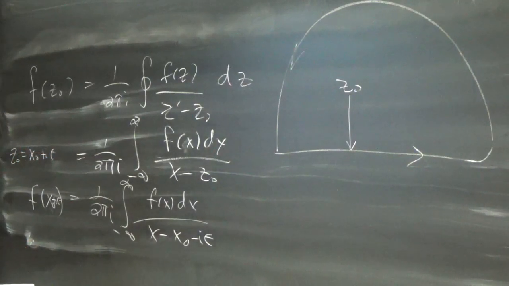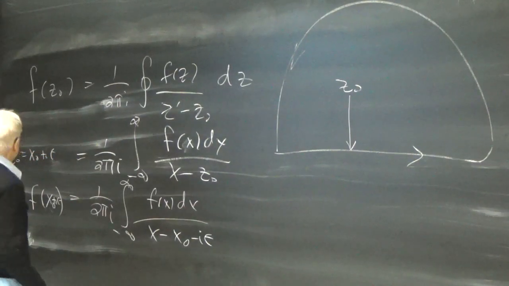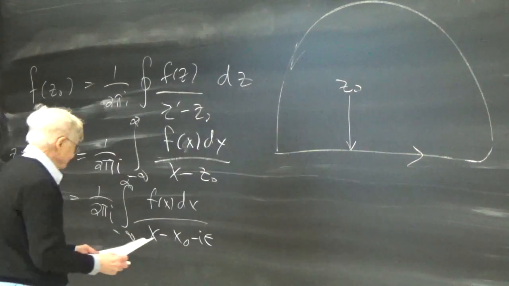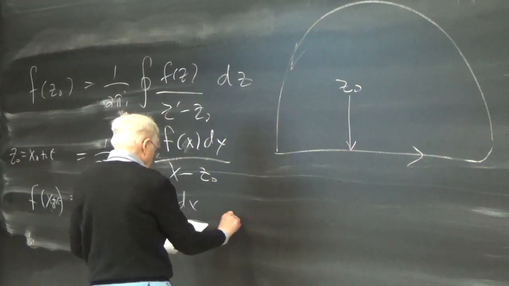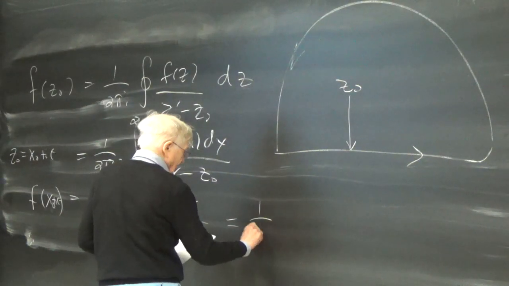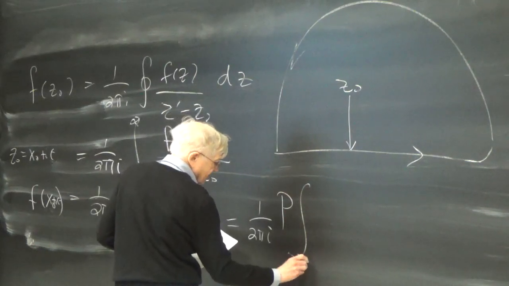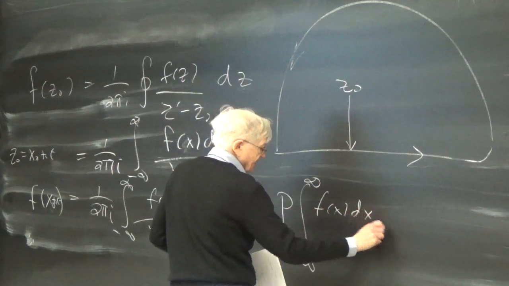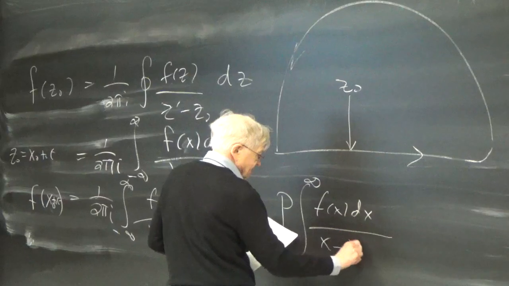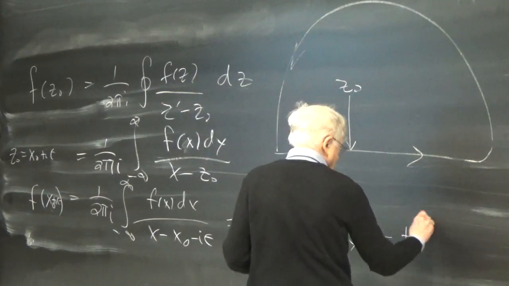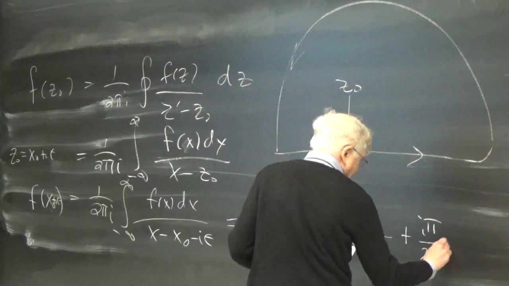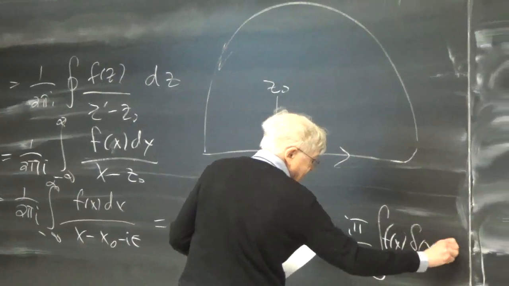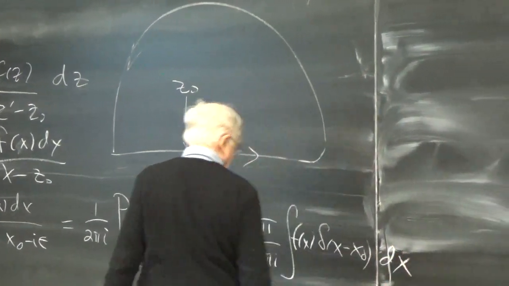And now we apply Cauchy's trick to that, and we see that this is the principal part of, this is then 1 over 2 pi i, principal part of the integral from minus infinity to plus infinity, f of x dx over x minus x0, plus i pi over 2 pi i, integral f of x delta of x minus x0 dx.